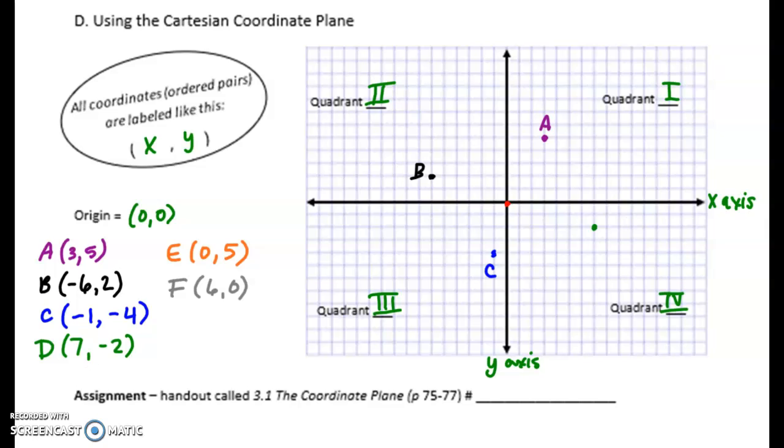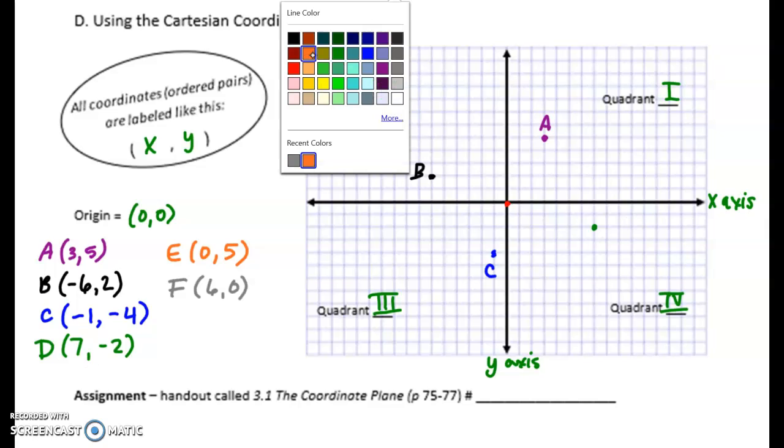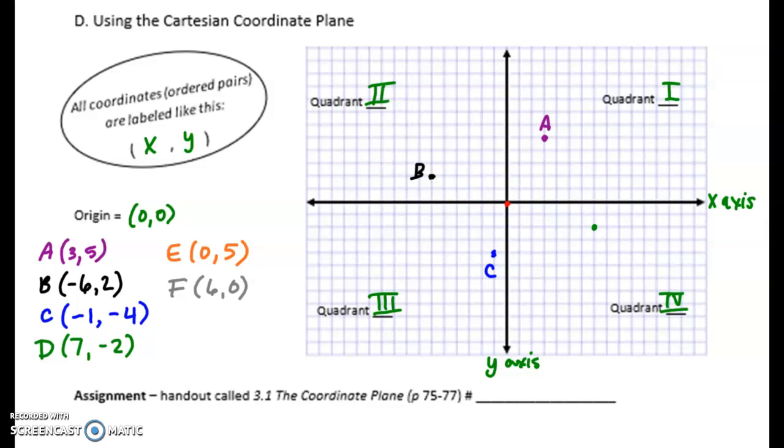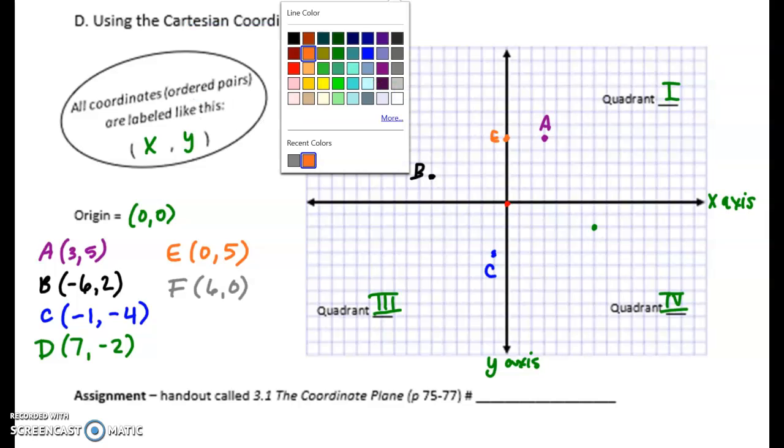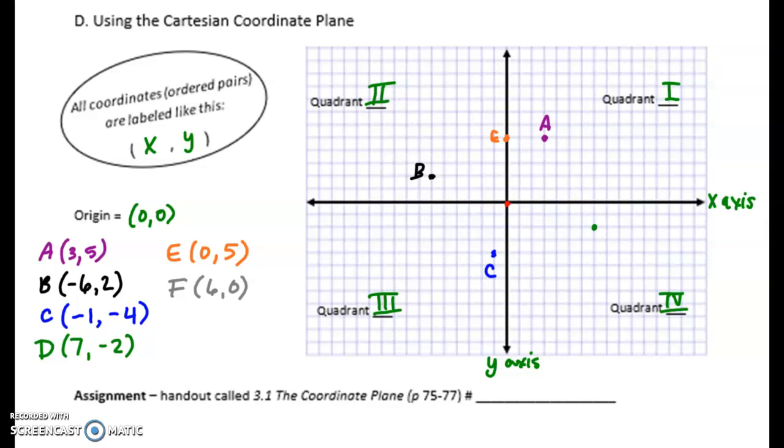And E, we're looking at 0 on the x-axis. Okay, and 5 on the y. 1, 2, 3, 4, 5. Right here is E. And F is at 6 and 0. F. And I forgot to label this as point D.